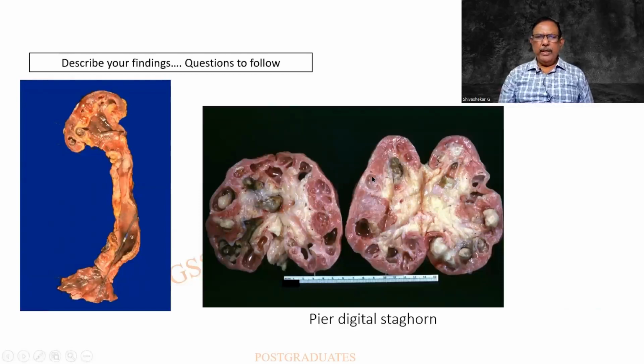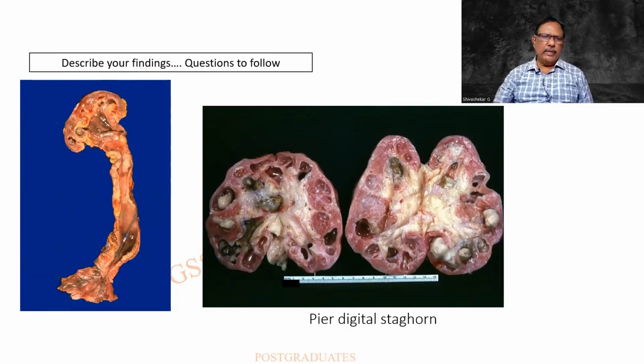I would like you people to kindly describe these two pictures. Take your time. What are the abnormalities that you are seeing in this? In one, the kidney is almost atrophic, so you can call it a dysfunctional or non-functional kidney. Along with that, there is something wrong with the ureter also. It is thickened. So there is a megaureter, hydroureter, as well as an atrophy of the kidney.